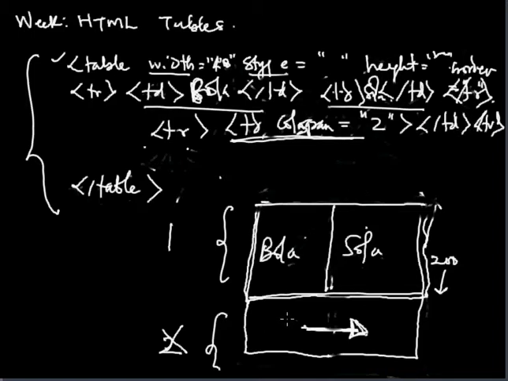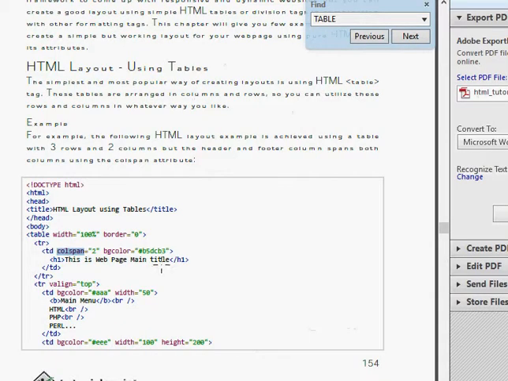This means expand this colspan to 2 and make this table well formed. That's what the colspan is, and that's what they're talking about here.